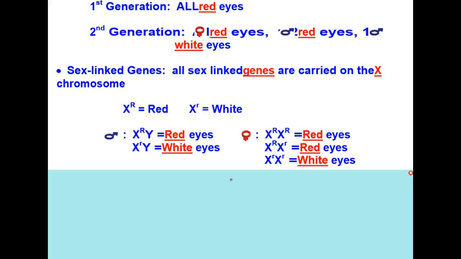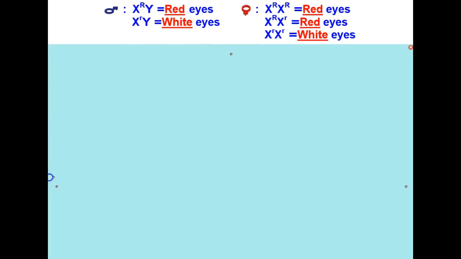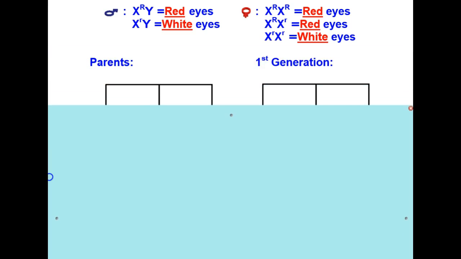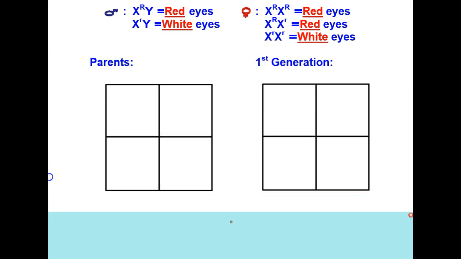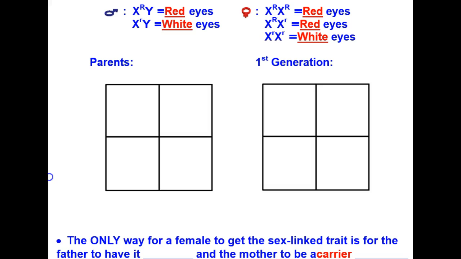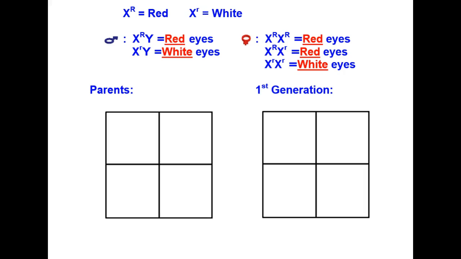All right, so let's take a look at what he did here and how he discovered this. So, he started out by crossing a white-eyed male. So if it's a white-eyed male, it would be X little r Y with a homozygous red-eyed female.